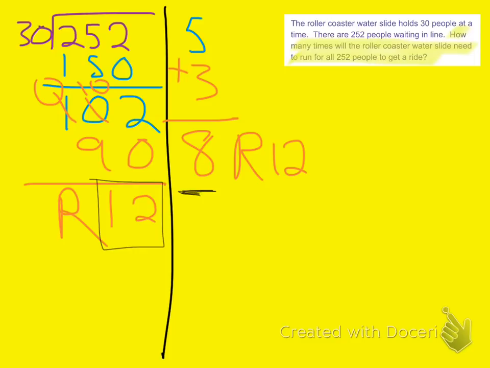So we need to know if we round that 8 up to 9 so the roller coaster can run 9 times to get all of the people on, or do we just ignore them? If we ignore them, the 12 people don't get a ride, so we can't ignore them. So our answer then will go from 8 up to 9. And what we did was we rounded our remainder up.